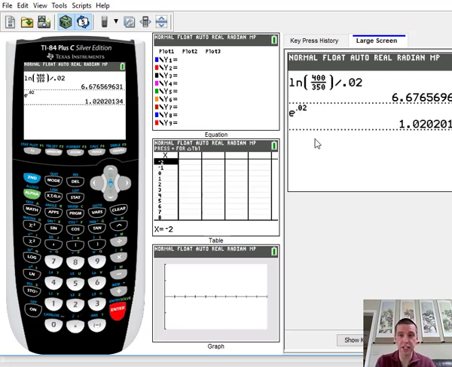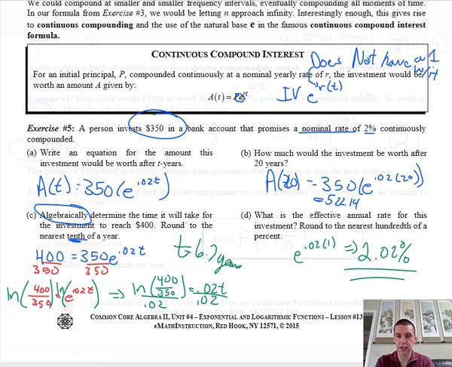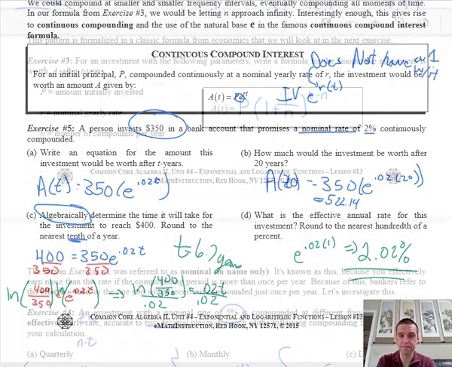We're going to move the decimal place over 2, so we're going to get 2.02. Okay, that should not have an equal sign. That's the effective annual rate. So that implies the effective annual rate.